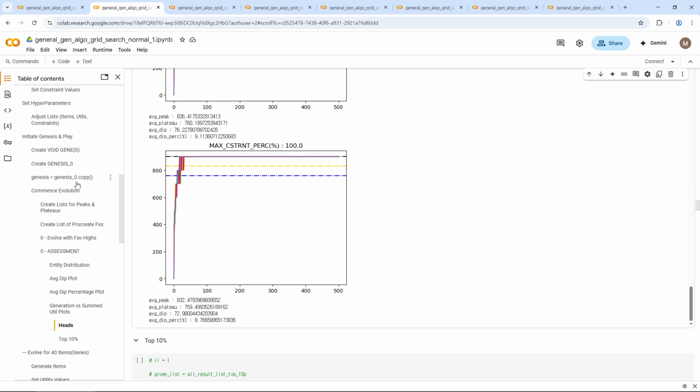However, when we have more than 30 or 40 items, that's not the case, and we'll see why, or rather I'll talk about why I think that is the case.